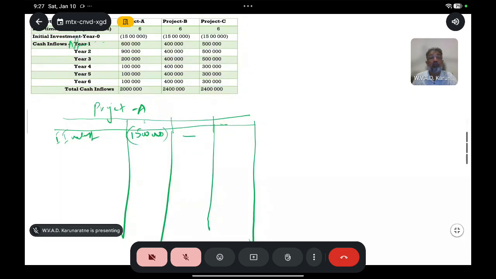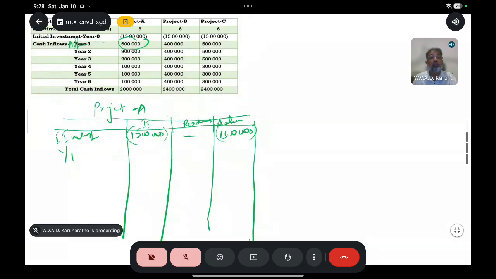This is the initial investment, then the recovery and balance. Within the first year no recovery, therefore the balance is the same amount. Then year one, you know that amount is 600,000.